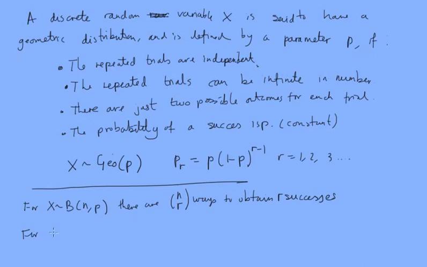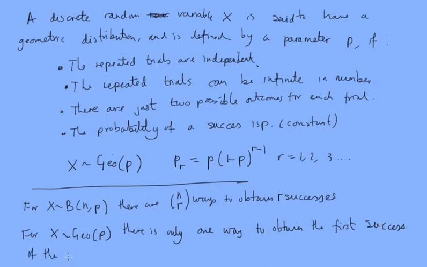For a geometric distribution, there is only one way to obtain the first success on the rth trial.